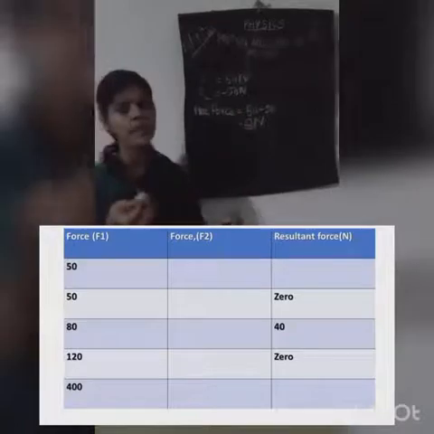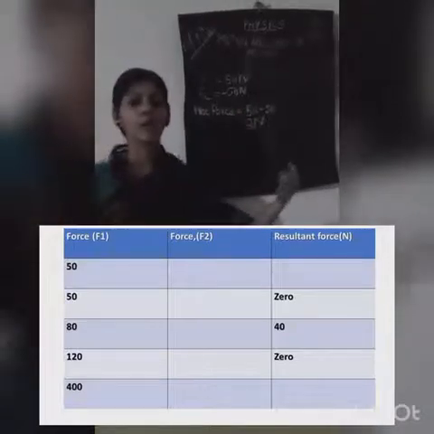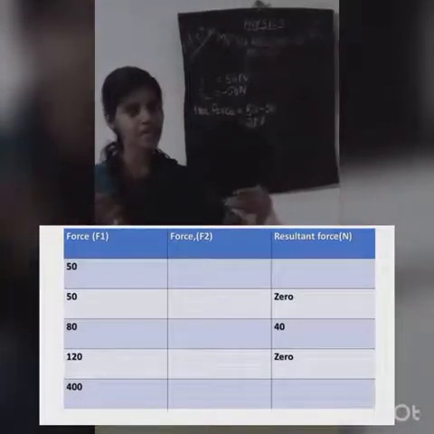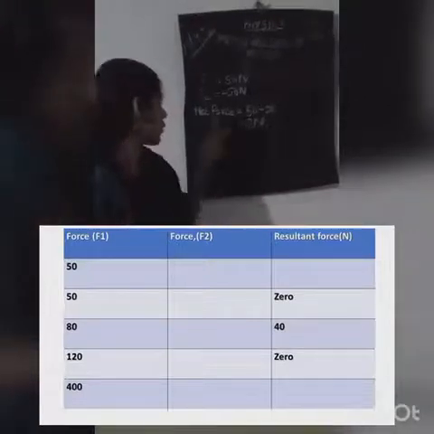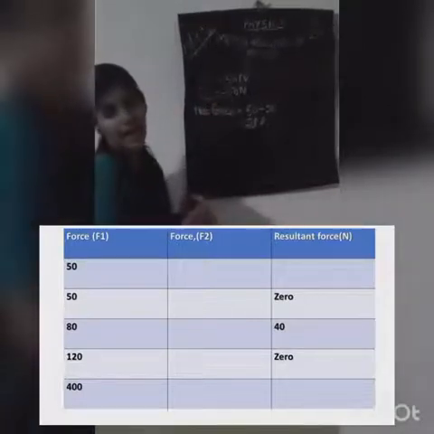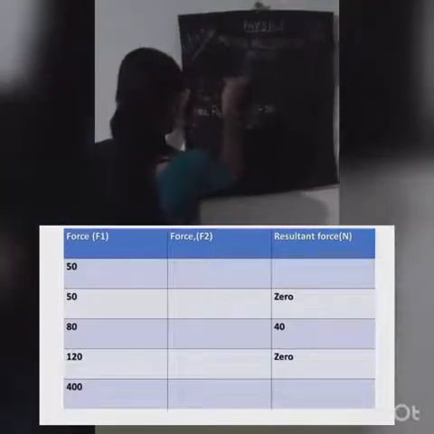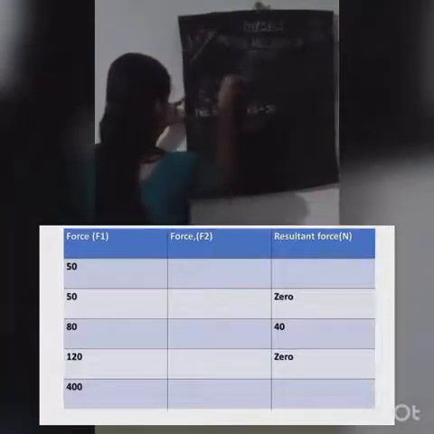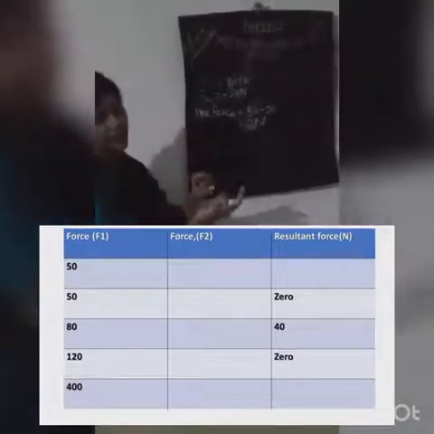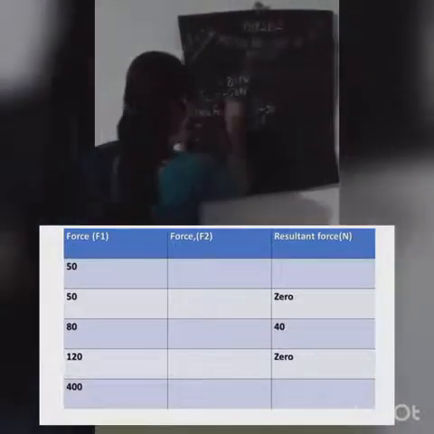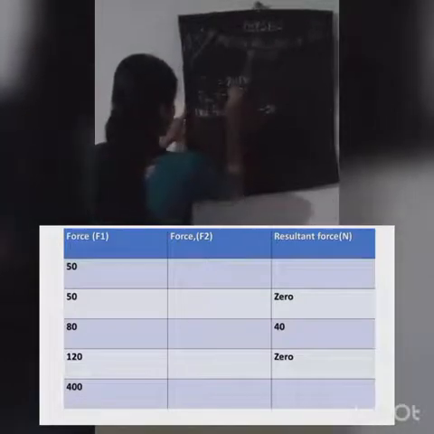Then what about the third case? Here both persons are pushing the table in opposite directions but with unequal force. So here F1 equals 80 Newton, and what about F2? Yes, F2 equals 40 Newton but in the opposite direction, therefore there is a negative sign, and F2 equals minus 40 Newton.